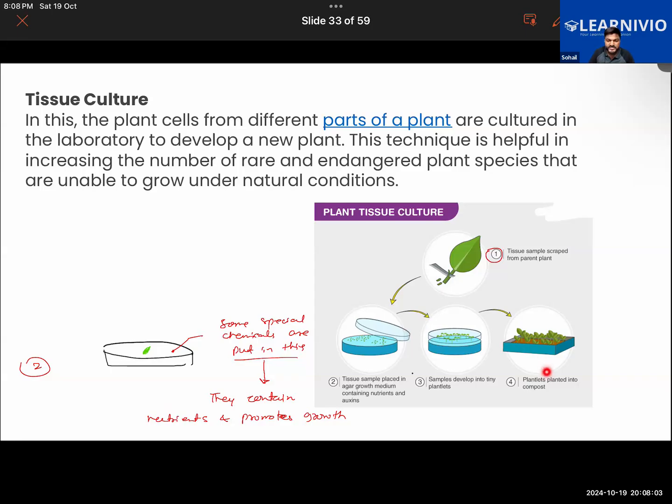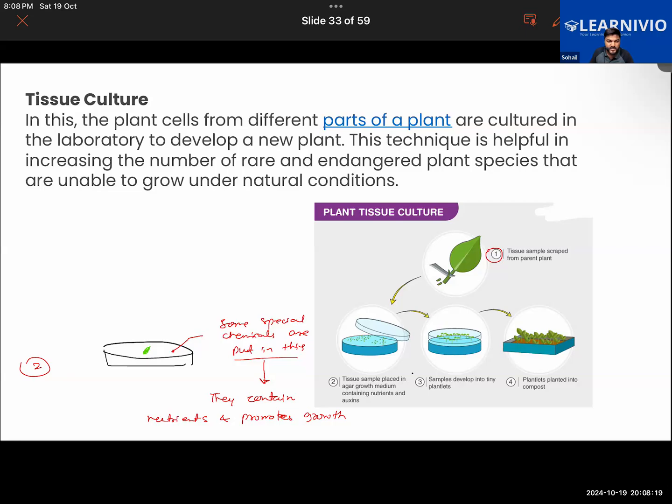So compost is a type of fertilizer which is rich in nutrients. The tiny plantlets will now be transferred into the compost and there they will grow.